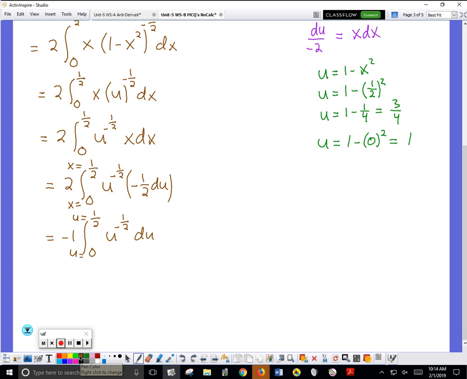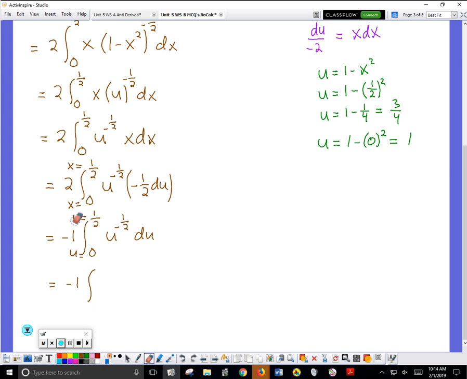You all wish you had magic paper too that just keeps scrolling, as much as I want. Okay. So we got negative 1. Make sure you put the limits in the right places, even if it feels awkward. When u is equal to, oh, that's x. Who saw that mistake? 2 points.